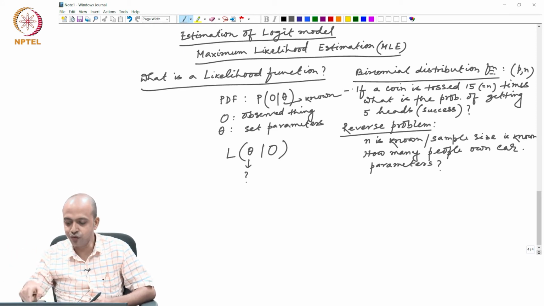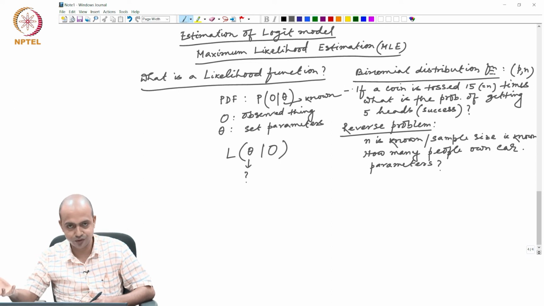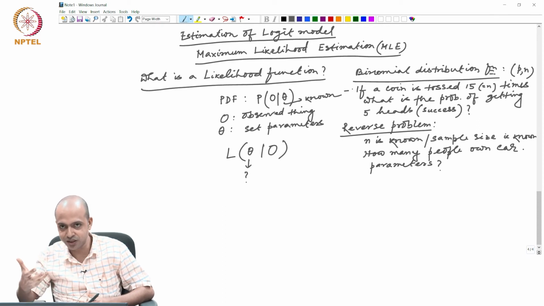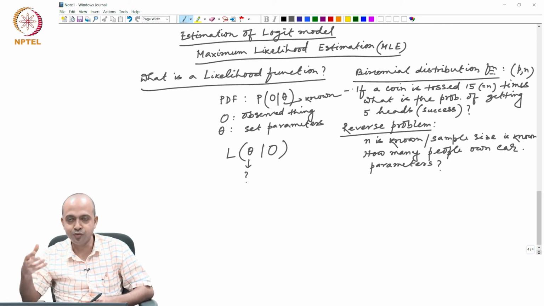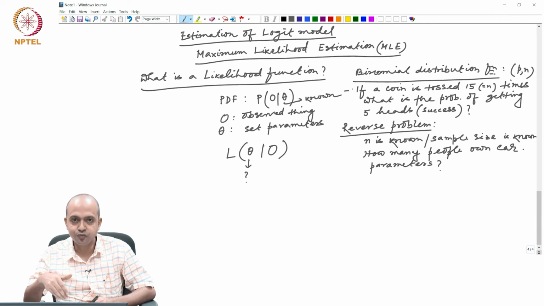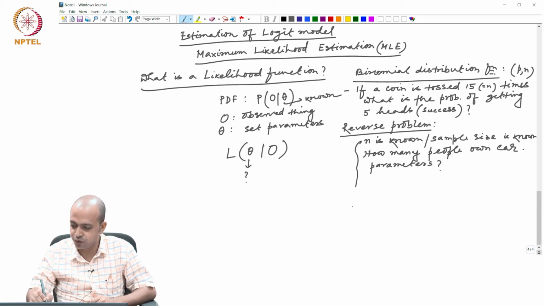Here in the likelihood function, I have already observed the O, but I would like to get theta, the set of parameters that will maximize the probability of observing O. That means, the probability of observing a particular sample, in which 5 out of 15 individuals own a car. That is actually the likelihood function. So, this reverse problem will give you the likelihood function.